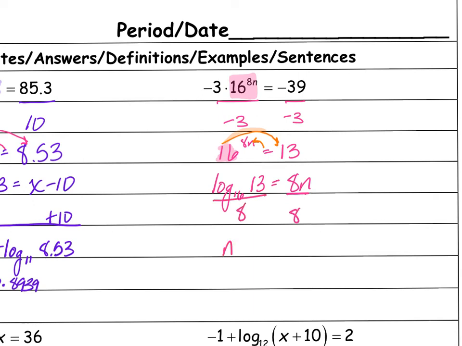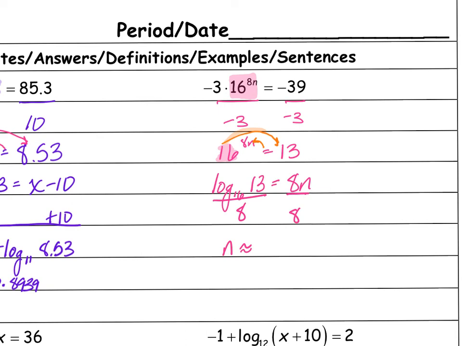And I'm going to get n is approximately equal to, and I'm going to put in my calculator. If you're using Desmos, again, you're going to go to functions, and then log base A. You're going to hit that. Or if you have your calculator, depending on which calculator you're going to use. Some calculators don't do the base 16, we've already talked about. Desmos does. You can find Desmos on your computer.